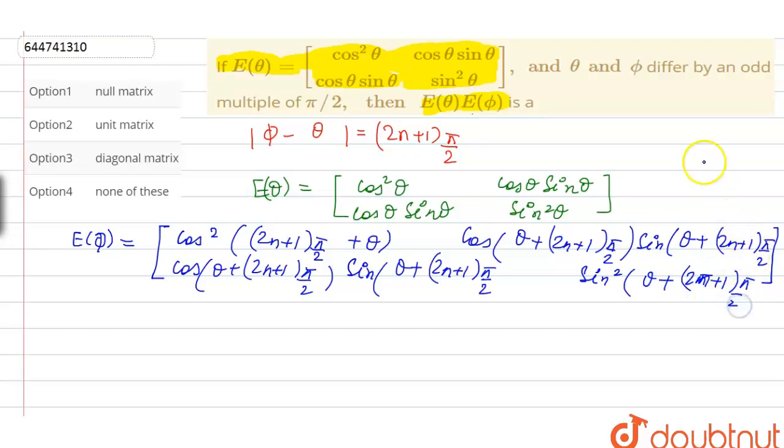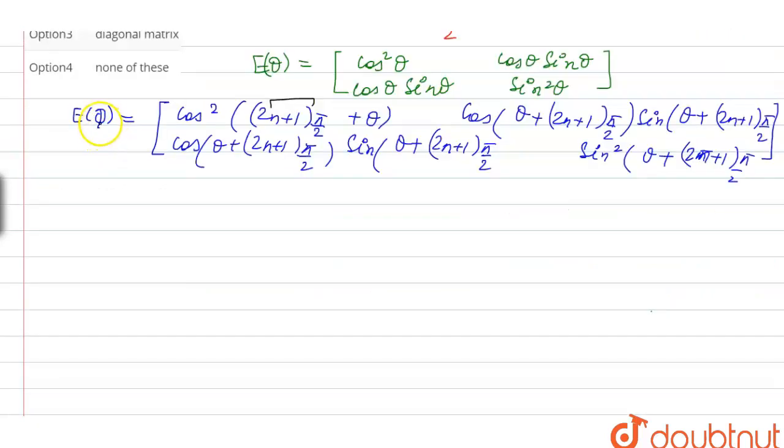Now we have to write the simplified form of E phi. We can write this as cos square of (2n plus 1) into pi by 2 plus theta. If we assume the value of n to be 0, this becomes pi by 2 plus theta. Now we know that cos of pi by 2 plus theta is basically minus sine theta, but this is squared, so it will become sine square theta.